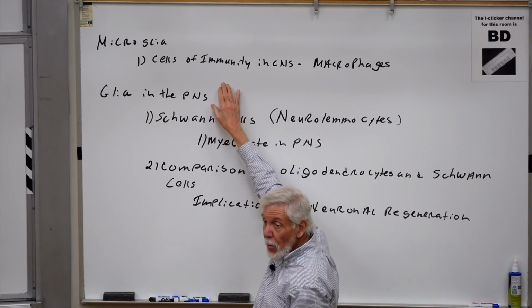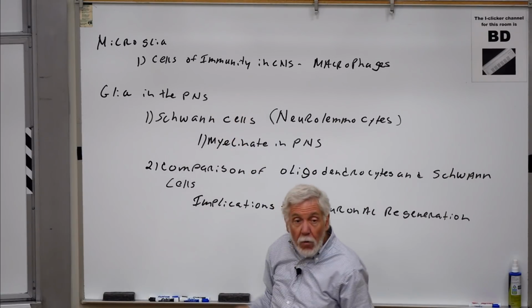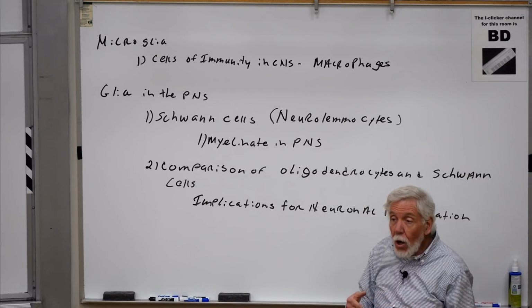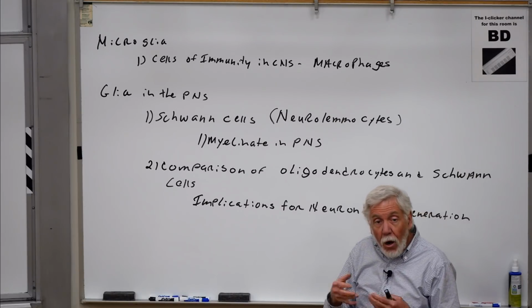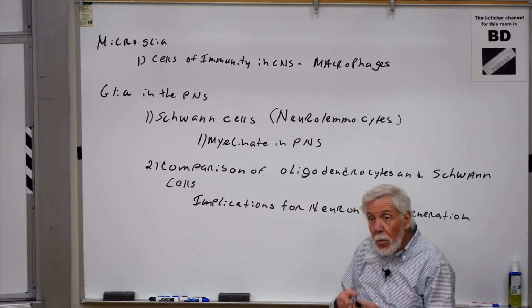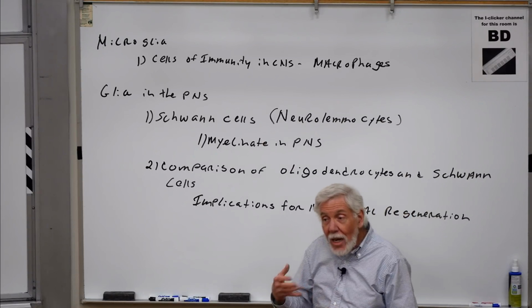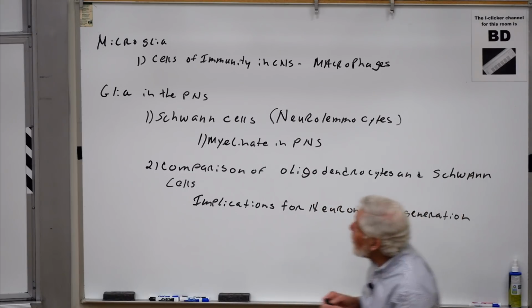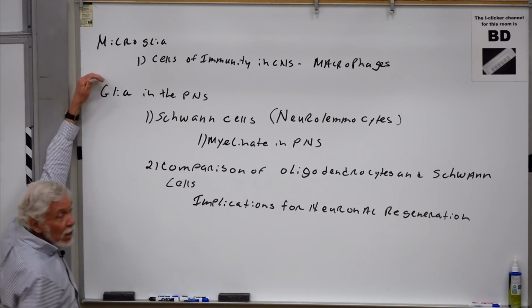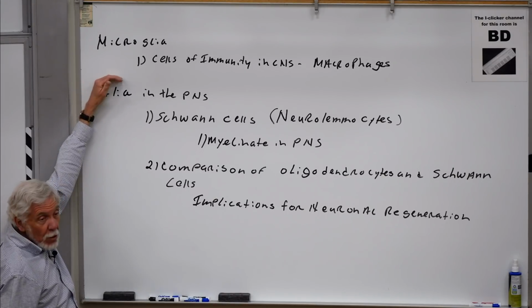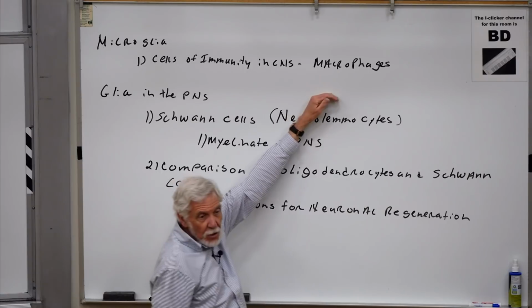And when we talk about the immune system, we'll find that the central nervous system is what they call immune privileged. There are tight junctions between the capillaries in the brain and spinal cord which don't allow ready access of the immune system into the central nervous system. And so what you find is that our only line of defense for the immune system in the central nervous system are these microglia, which are in fact macrophages.